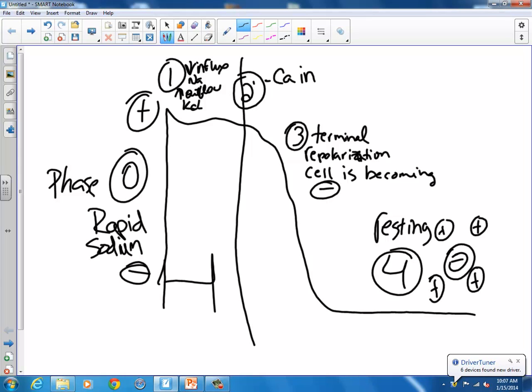Maybe a little bit farther over. And then you have this relative refractory period. Absolute refractory period is when we've just flushed the toilet and we can't act on it anymore, right? The cardiac cell is in the process of depolarization and it cannot have any type of outside influence. All right?